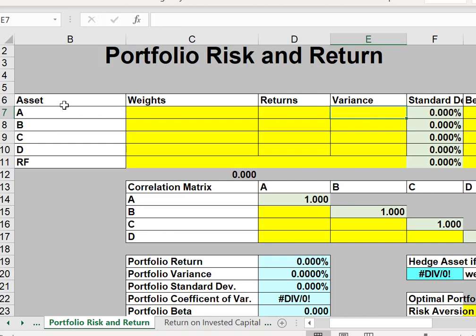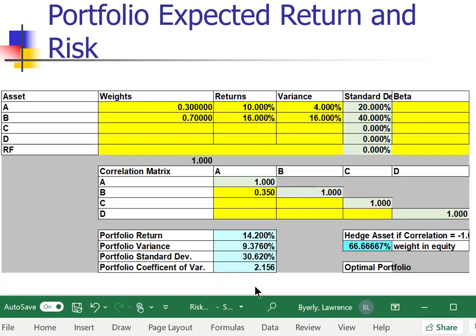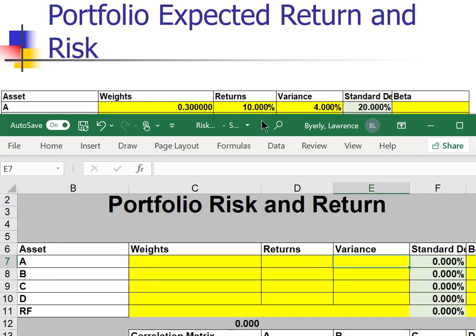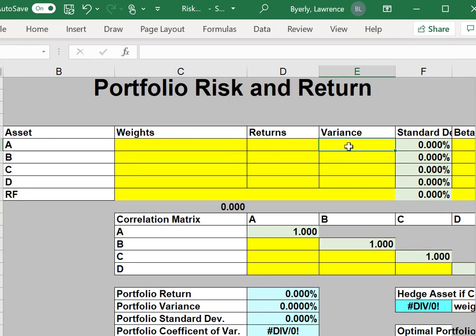So in this case, if we go back here, if we go down here, we know that the risk is supposed to be 20%, right? Or the standard deviation. So we need to input variance that's going to give us a 20% standard deviation.